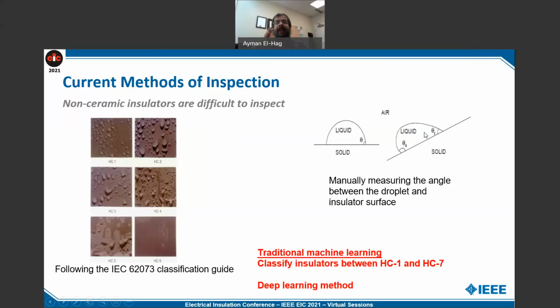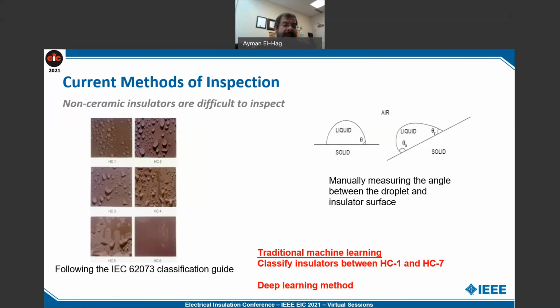This technique is good. However, it has to be done under controlled conditions, usually under lab conditions. A better technique is to use the IEC 62073, which is a guide for the classification of the hydrophobicity, which started as a guide by the STRI, the Swedish Transmission Research.